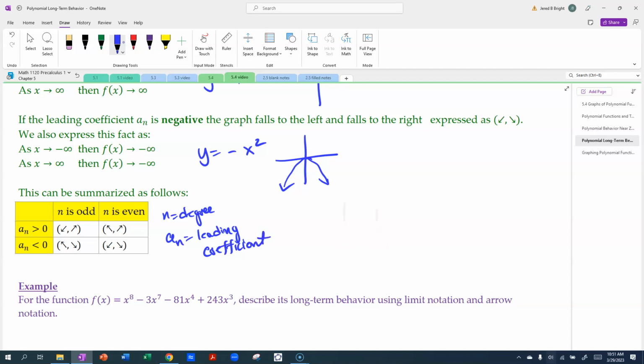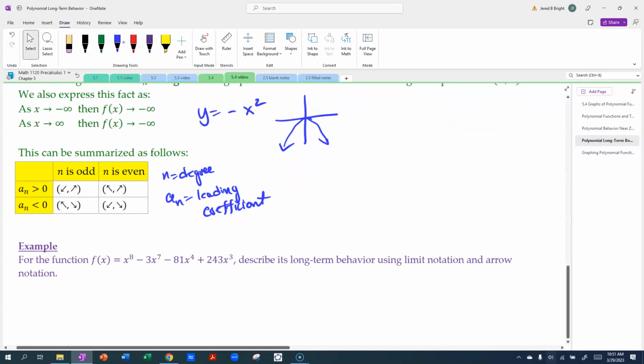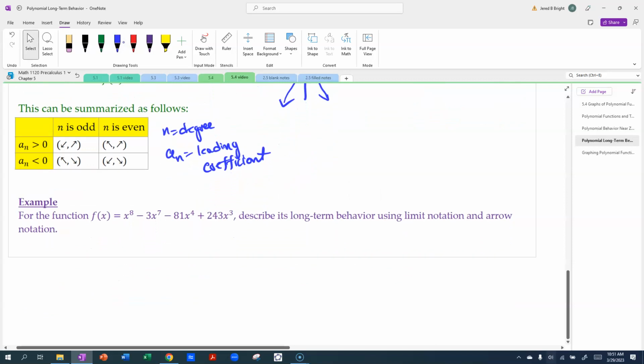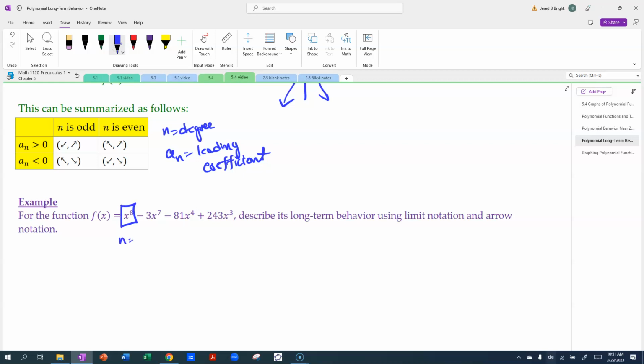Okay, so then for our sample function that's been carrying through, we found the zeros, behavior near them and between them in the last video. Same function, we're just going to describe its long-term behavior. So in this, I need to pick off the leading term. Boom, leading term. I'm saying that n is 8, a_n is missing.